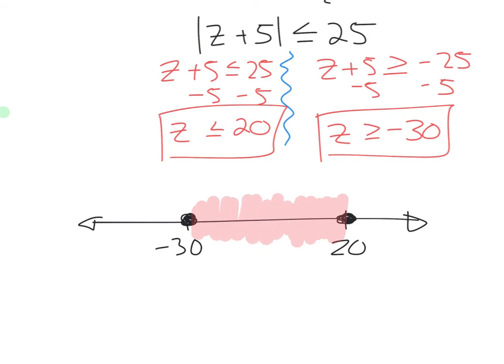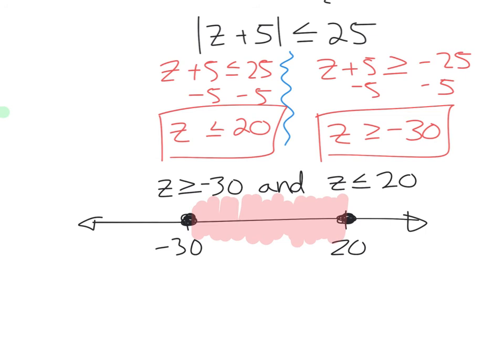Okay? Now, something to make a special note of. When we were doing this once upon a time and you were doing the assignment, this was an example of saying z is going to be greater than or equal to negative 30 and z is less than or equal to 20. So this was an and statement. Does everybody remember that?